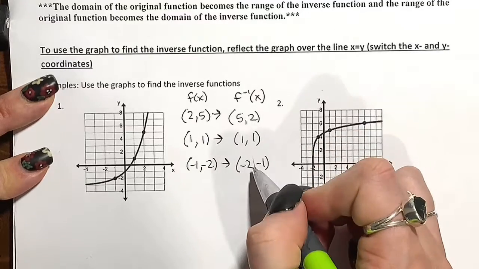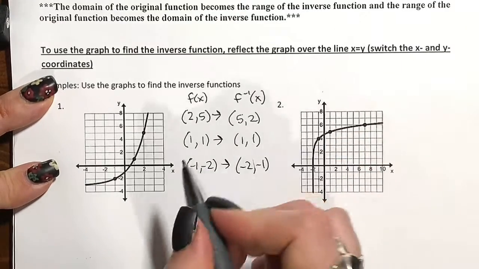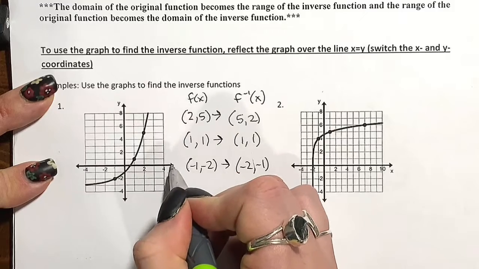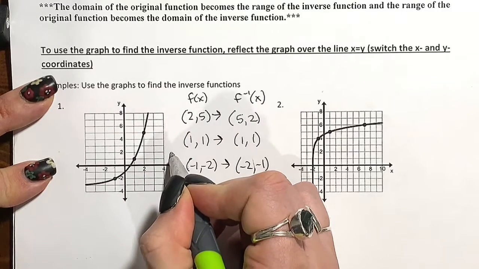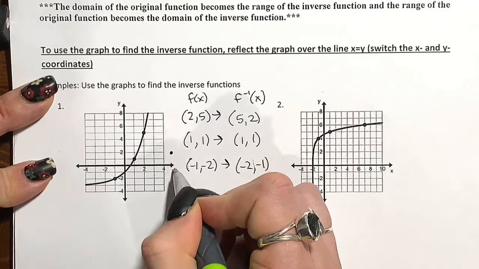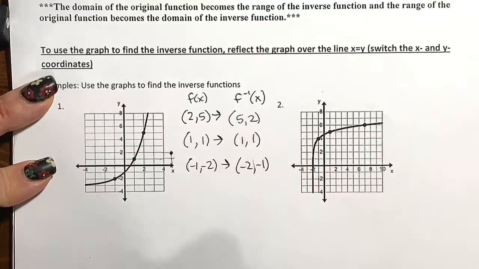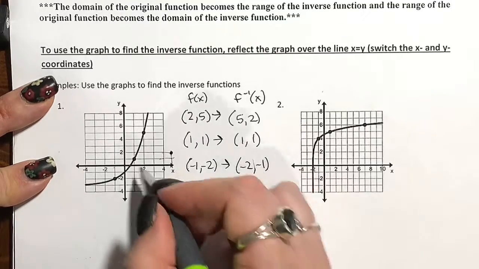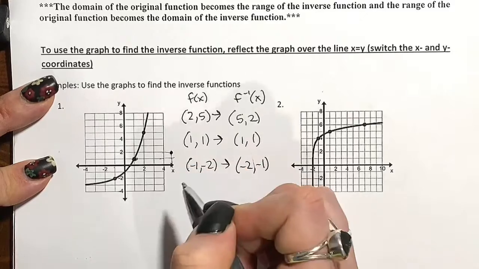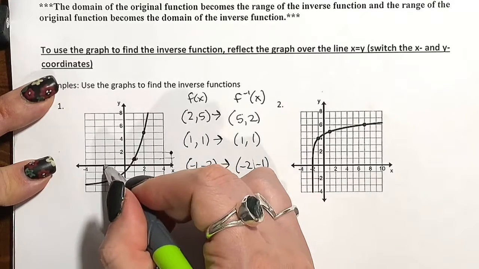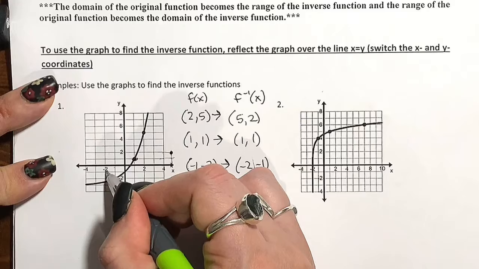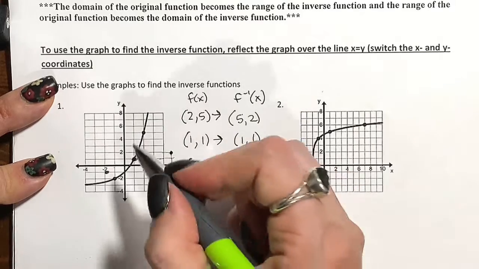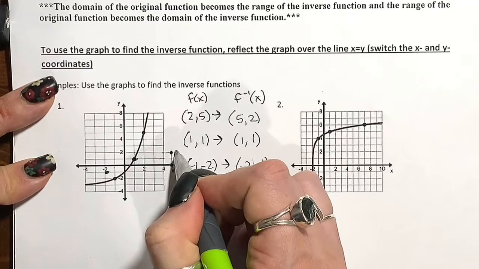So once you have the new points, you're just going to go graph those. So let's go over, kind of off the graph, over 5 up 2. We'd have a point right here, if we just extend that graph. And then we have one at 1, 1 again, so it just overlaps. And then -2, -1. And then here's the tricky part, because I am just a human and not a computer.